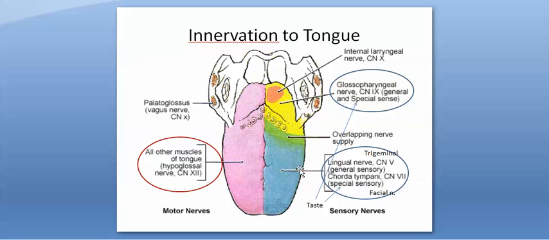So if you go to the dentist and they numb the lower left half of your mouth, you're not going to be able to feel your tongue either, and that's because they're numbing trigeminal. And then we have taste for the anterior two thirds of the tongue, which is the facial nerve.